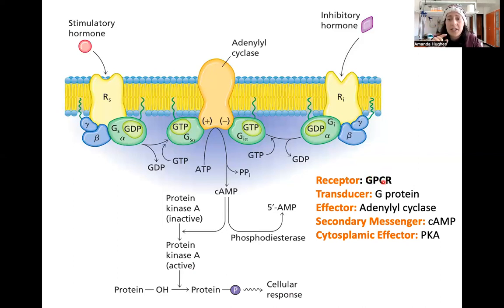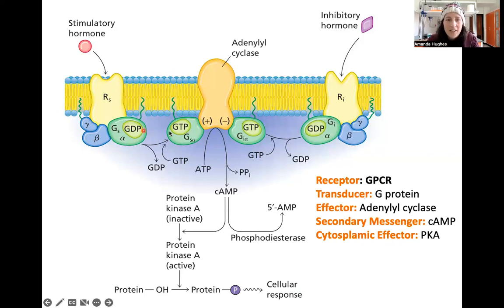The receptor is a G protein coupled receptor. The transducer for the signal is the G complex. In this case, it's the alpha subunit of the G complex. You'll see that in tasting. The beta and gamma complex, once they're released, can go and bind the effector. So it could be some of those, but in cyclic AMP formation, it's the alpha subunit. So that's our transducer.